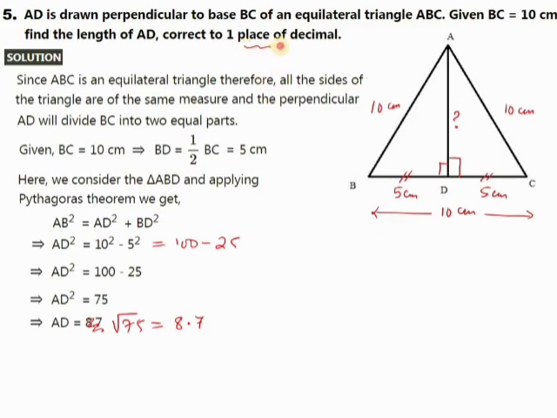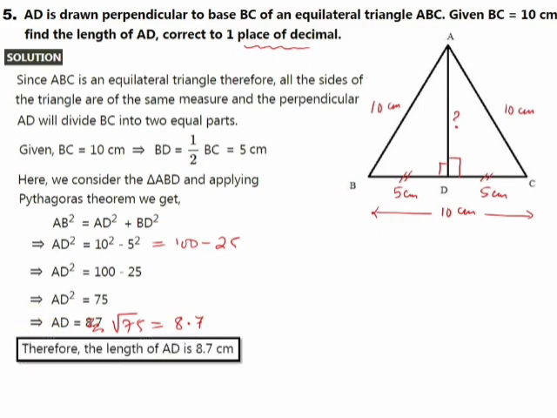Because the question is asking you to find only till 1 decimal place. So we got AD, and the length of AD is 8.7 centimeter, because the unit that we are making use of here is centimeter. So with this, we close for the day. Thank you very much.